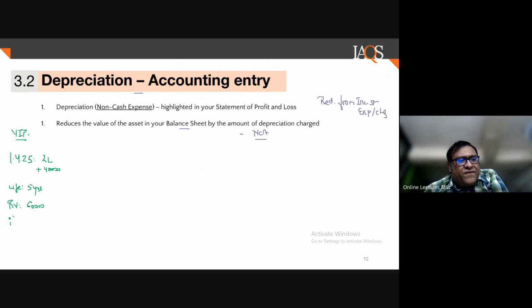Number one, we'll find depreciation per annum under the straight line method. It will be 2,40,000, because it includes the installation cost, minus 60,000, divided by 5. So 240 minus 60 is 180, and 180 divided by 5 is 36,000. So every year the depreciation is 36,000.